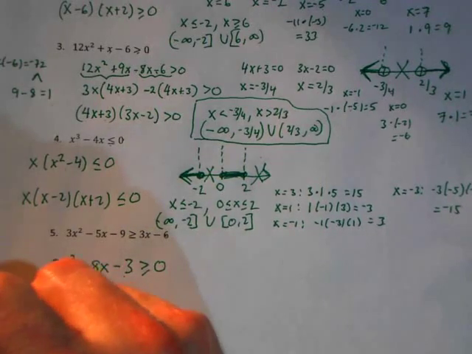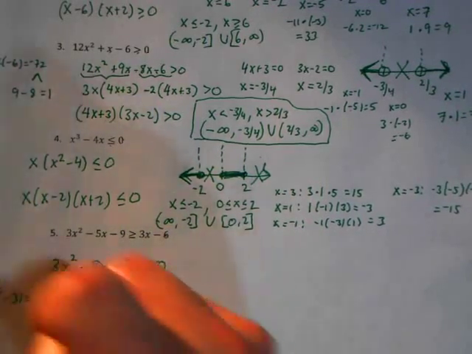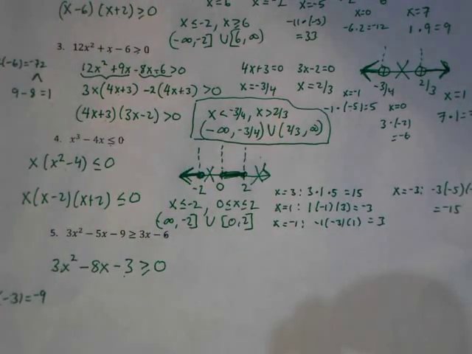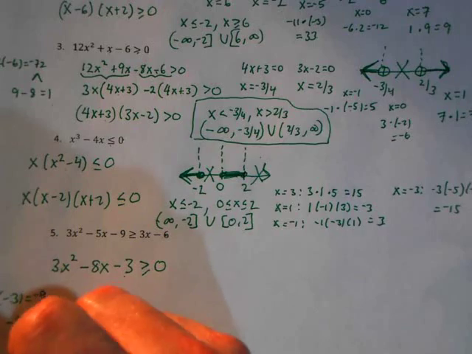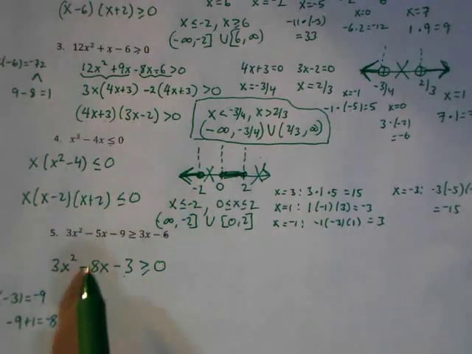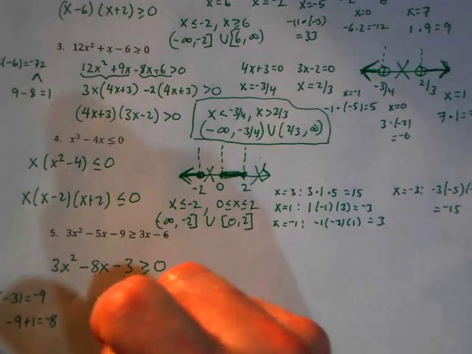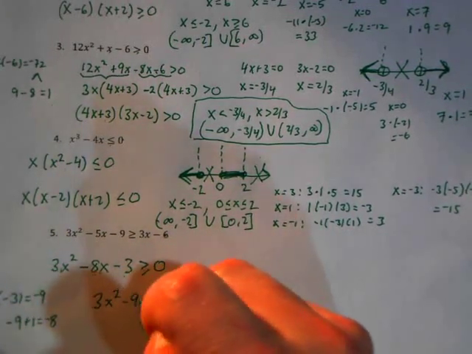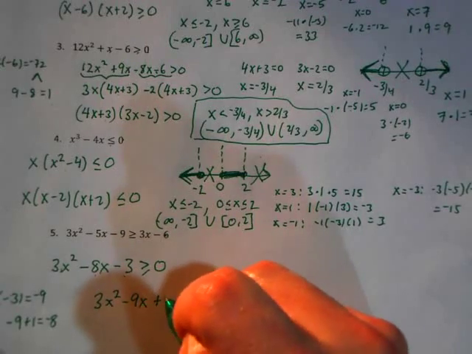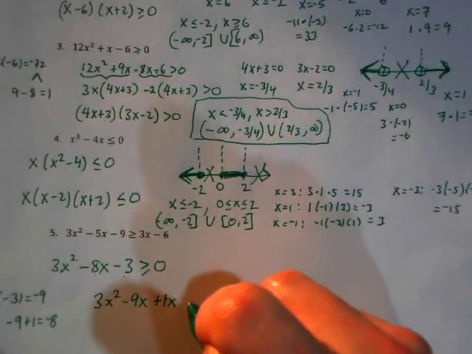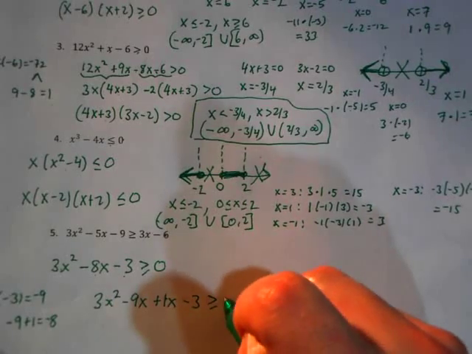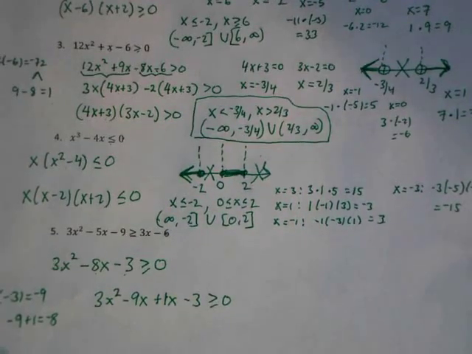Multiply my ends. 3 times negative 3 is negative 9. So I guess I'm going to go negative 9 plus 1 to get that negative 8 in the middle. And negative 9 times 1 does give me negative 9. So 3x squared minus 9x plus 1x. I didn't really need to write the 1, but I did out of habit. Minus 3 greater than or equal to 0.